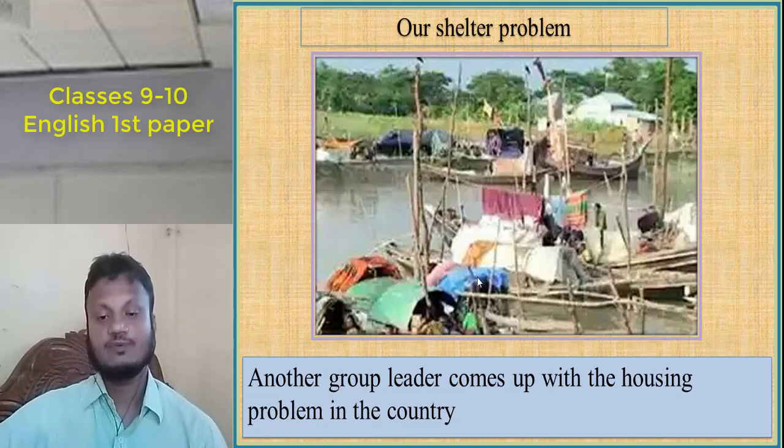Though this is not happening in our country yet, one day there may come a time when people will not get any land to make their house and building. For this reason, they will have to live in floating boats. But where will they get a floating boat? Where will they ride their floating boat? Because our rivers and ponds are also being filled up to make houses.